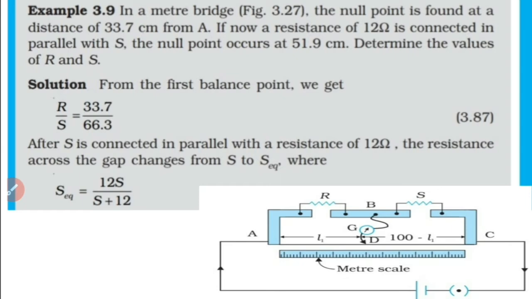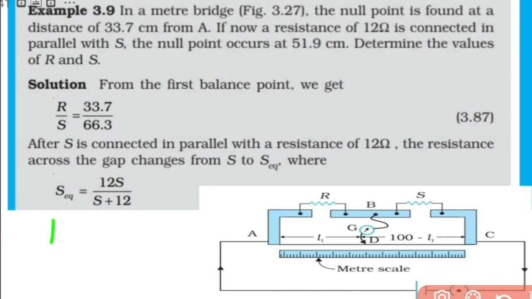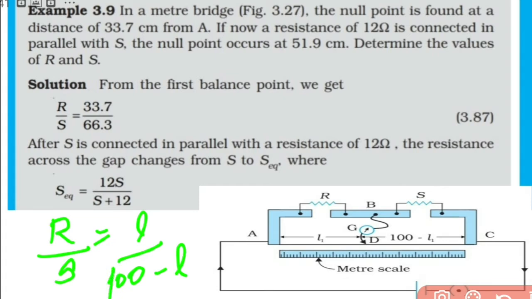So here our expression is R by S equal to what? This is a balanced Wheatstone's bridge, and the balancing length is mentioned here. The condition for balancing is R by S is equal to L by 100 minus L. First of all, it's given the null point was found at 33.7.